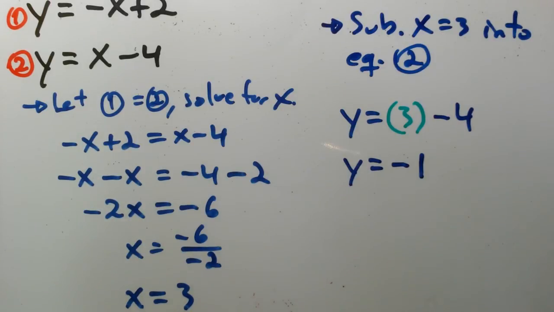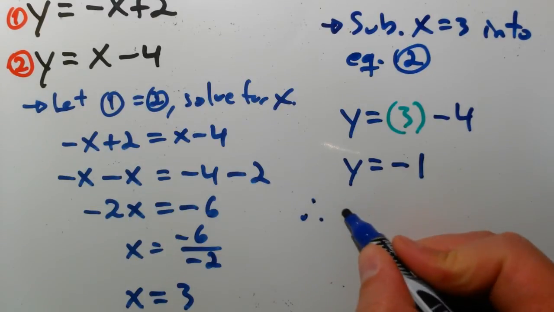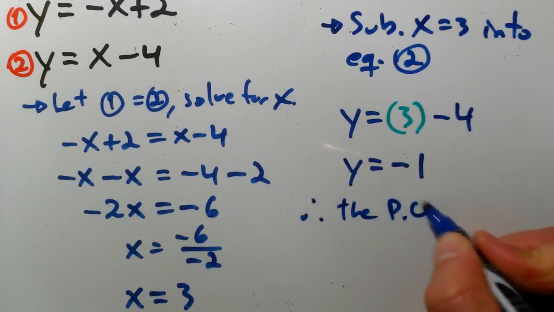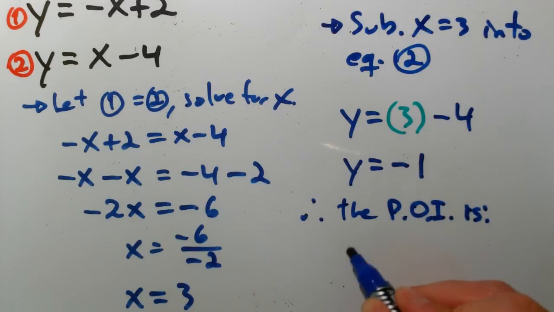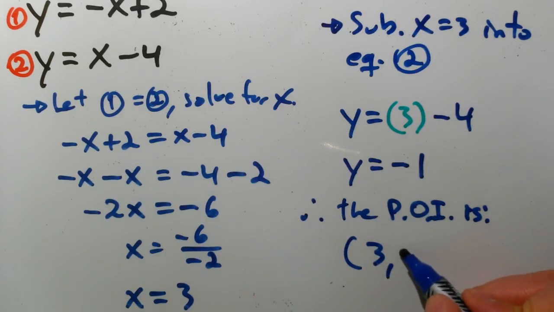And that's it. We know what our point of intersection is, so we can say, therefore, the point of intersection between these two lines is 3, because it's our x value, and y is equal to negative 1.